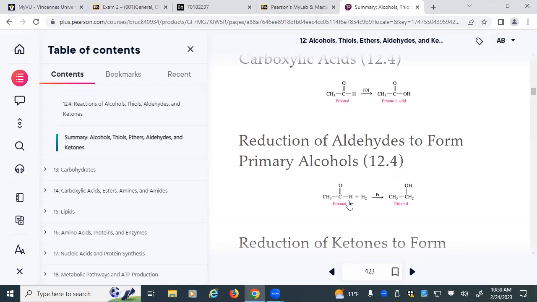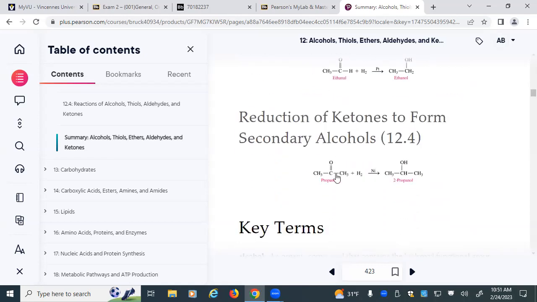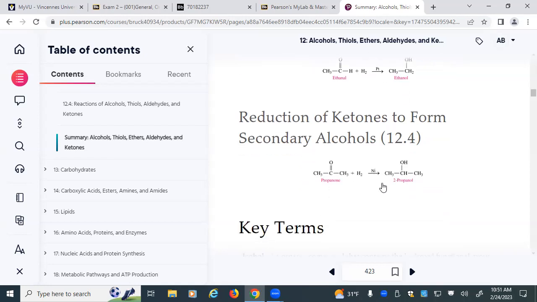Again, with reduction reactions, we can see very clearly that the reduction is just going to add hydrogen across that carbonyl group. That would happen with aldehydes or with ketones. The only difference would be getting a primary alcohol with an aldehyde or a secondary alcohol with a ketone.